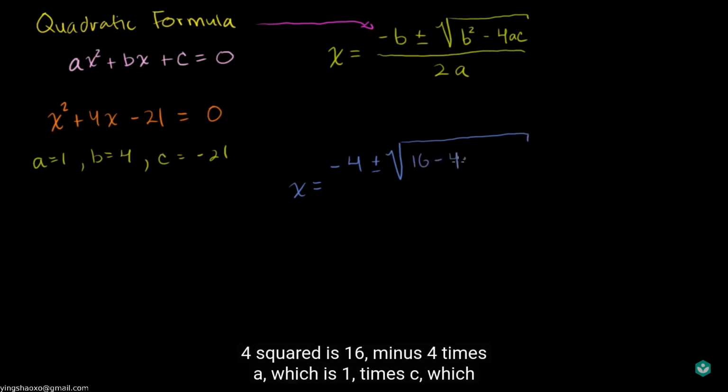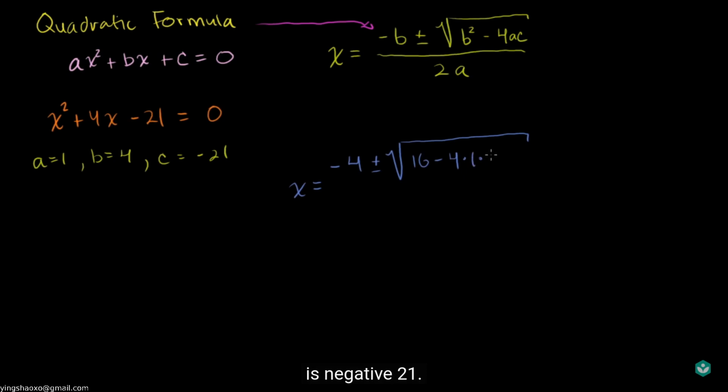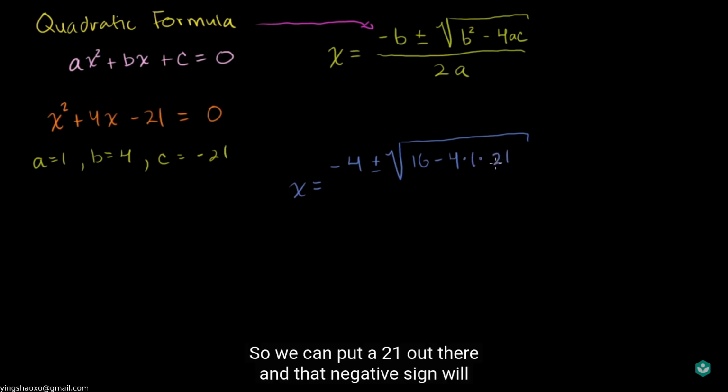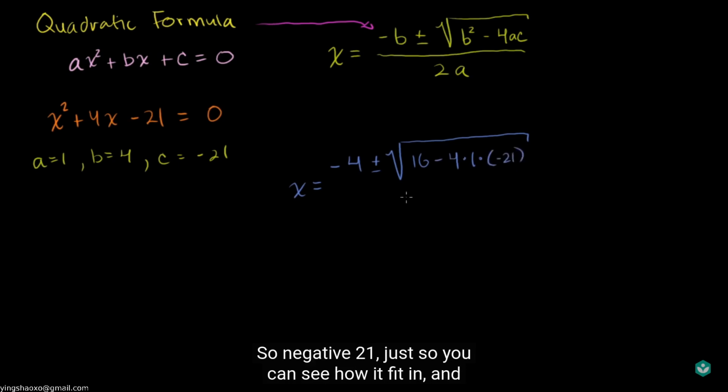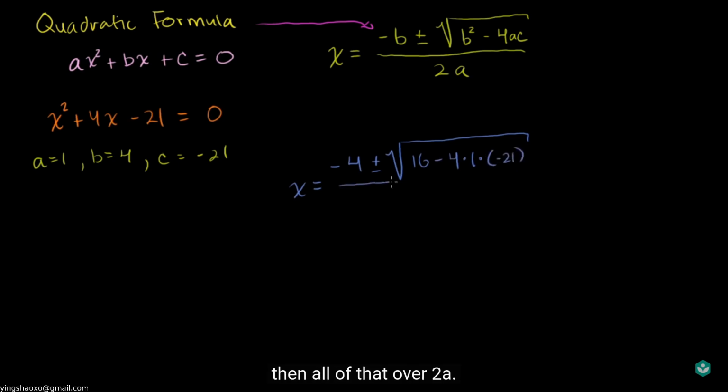Minus 4 times a, which is 1, times c, which is negative 21. So we can put a 21 out there, and that negative sign will cancel out. Actually, this is the first time we're doing it. Let me not skip too many steps. So negative 21, just so you can see how it fit in. And then all of that over 2 times a. Over 2 times 1, so all of that over 2.